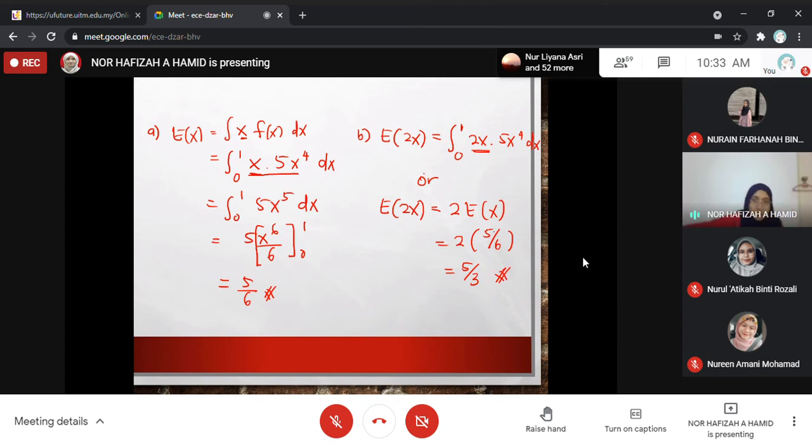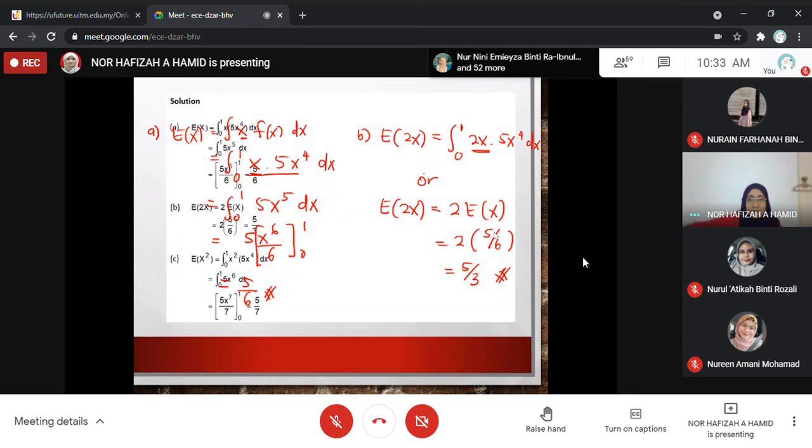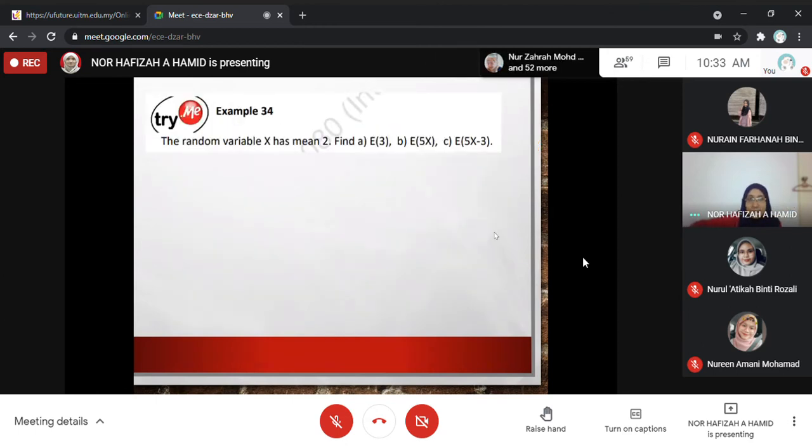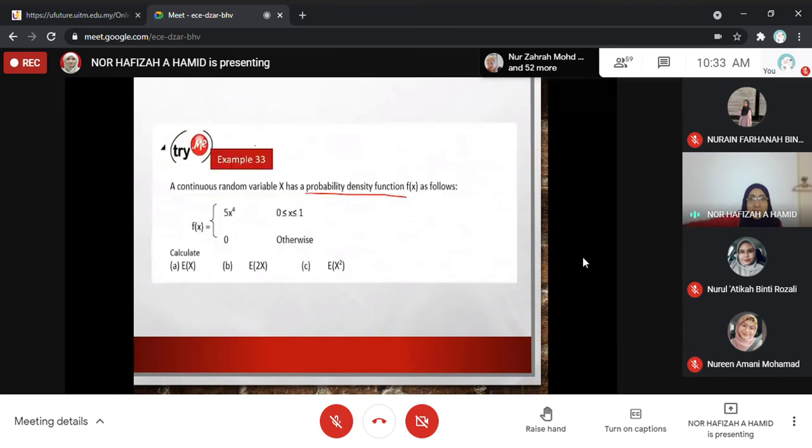And last for C, we need to find E(X squared). For this I use the formula directly, not the rules, because for E(X squared) you have to use the formula; you cannot use the rules. So in the formula I take 0 until 1, substitute x with x squared, and multiply with f(x), 5x to the power of 4 dx.